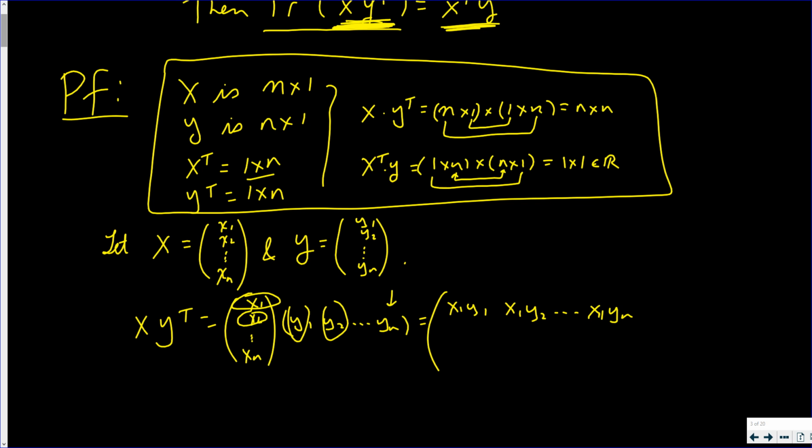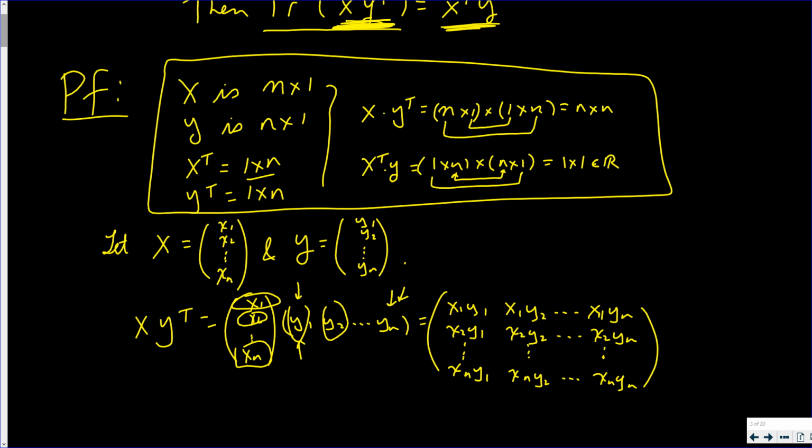When I multiply the second row by the first column, I get x2 y1. The second row by the second column, and then eventually the second row by the nth column. And then I go down to the nth row, and I multiply it by the first column, and then the nth row by the second column, all the way down to the nth row by the nth column.